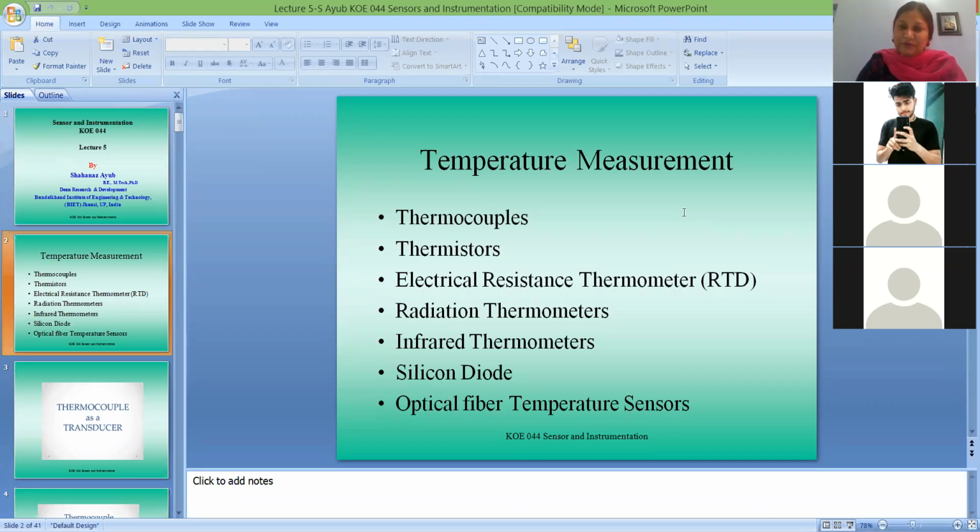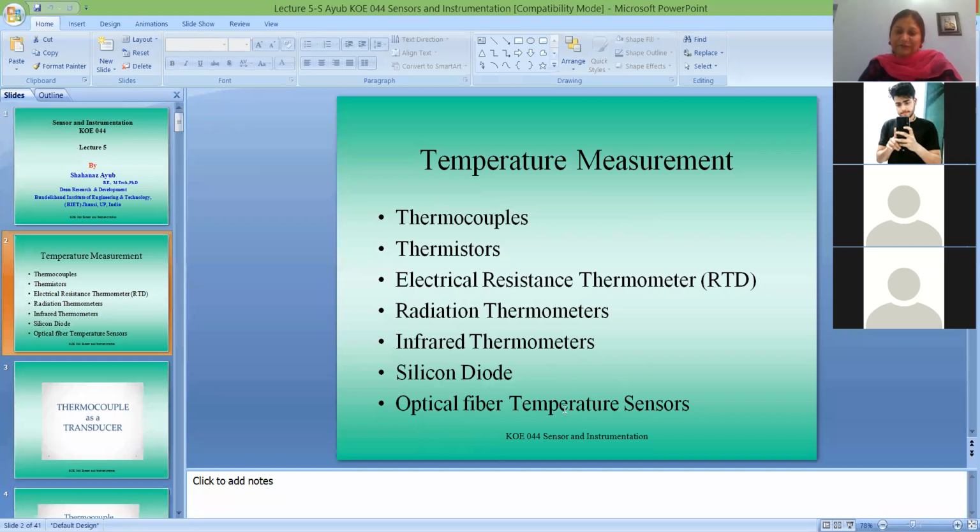That's why silicon diode is also used as a temperature transducer: you apply the temperature under measurement, the forward bias voltage of the silicon diode changes, and if you find the change in the forward bias voltage, you can find the temperature under measurement. This is how silicon diode is used.